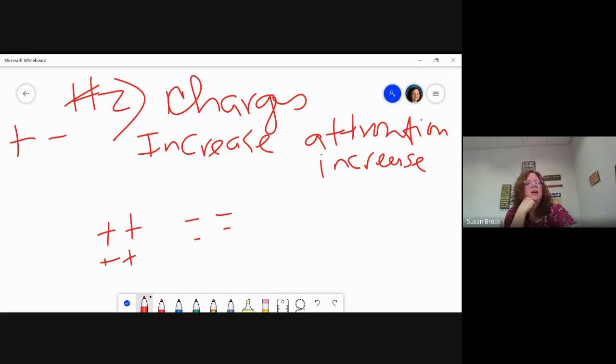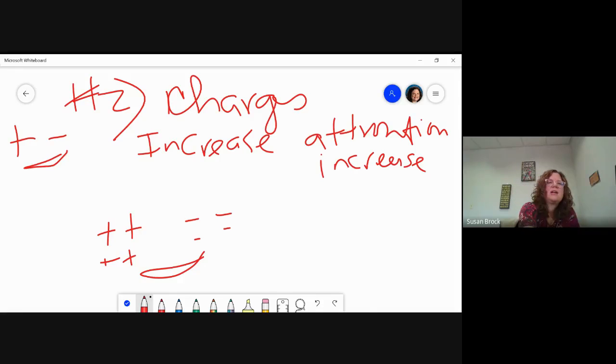Okay, so the attraction between these two particles right here is not going to be as much as the particles right here. So more charges, more attraction. So the two factors are: more distance, less attraction, and more charges, more attraction.